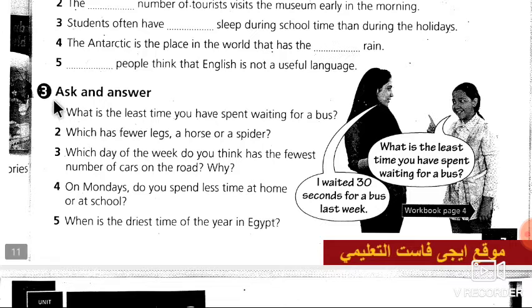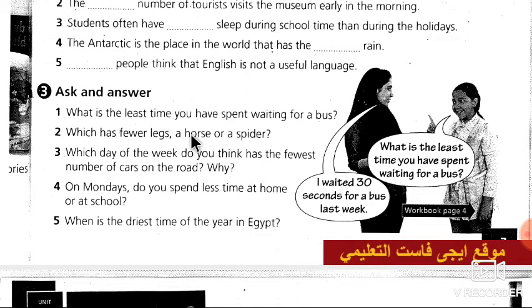Question number 3, ask and answer. We can answer one or two as examples. What is the least time you have spent waiting for a bus? We can say I waited for 30 minutes for the bus yesterday. Number 2, which has fewer legs, a horse or a spider?